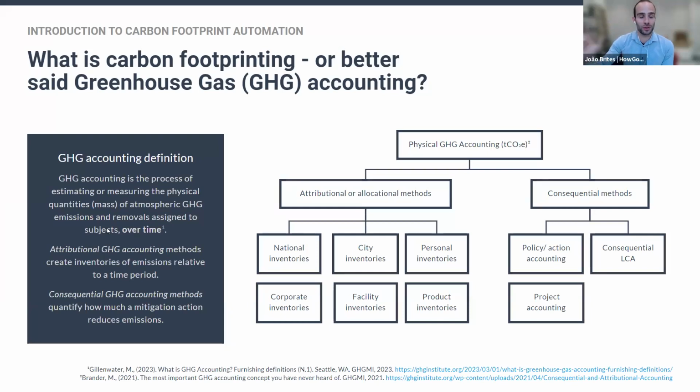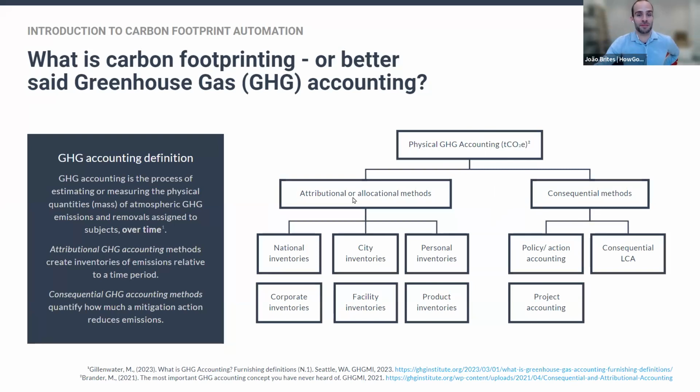There are 2 branches of GHG accounting that are really important. The first one is attributional accounting, where we're creating inventories of emissions across a time period. And then there are consequential accounting methods, where we're trying to quantify how much a mitigation action reduces emissions. This distinction is really important, because if you are trying to understand the impact of an action on reducing emissions, you should make sure you're using a consequential method.